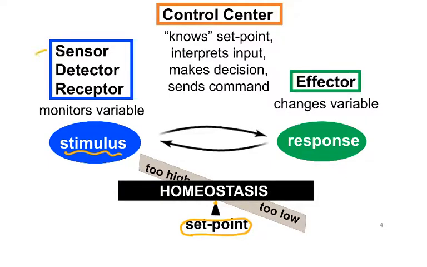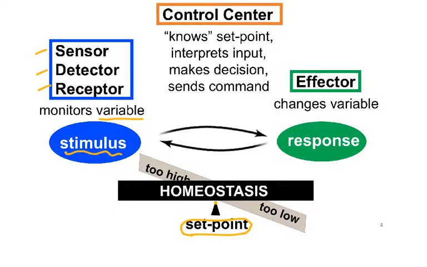Sometimes these are called sensors or detectors or receptors. The point is that the environment is being monitored for changes in what we refer to as a variable. And variable just means something that can vary. Your blood pressure can be low, it can be high, it can be around the set point.